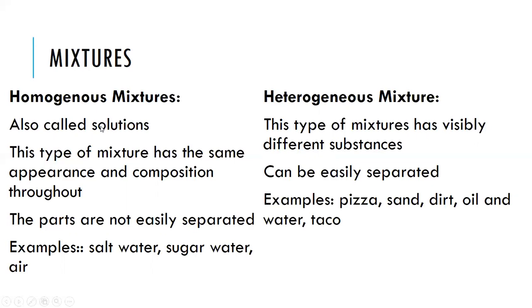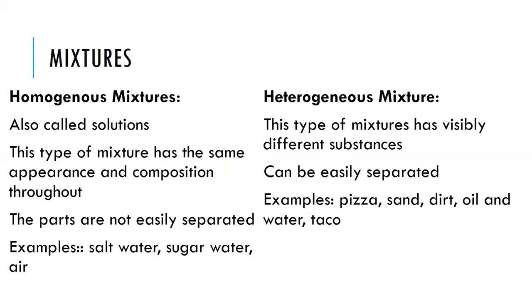So if you hear someone talking about a solution, they're really talking about a homogeneous mixture, at least in science class. This type of mixture has the same appearance and composition throughout. The parts are not easily separated. You probably have to go through some chemical process to separate it. So salt water. If I gave you a jar of salt water, you couldn't go in there with your hands and separate the salt and the water. Same with sugar water. You could use some chemical processes that we'll talk about later in class, but you couldn't do it with your hands.